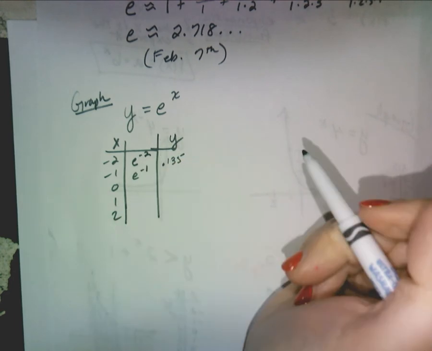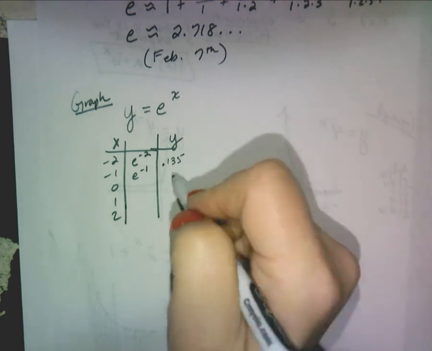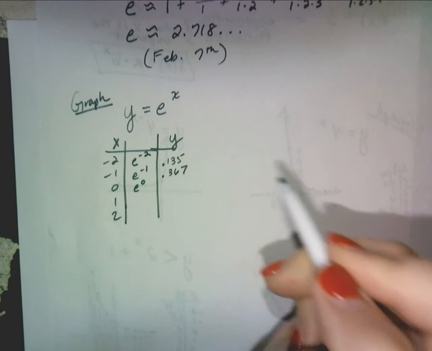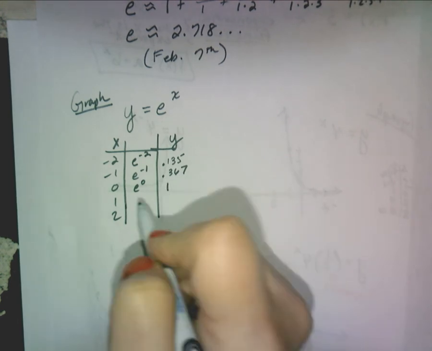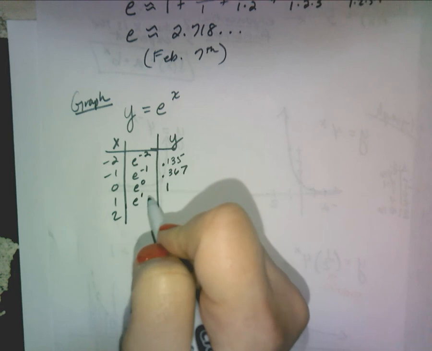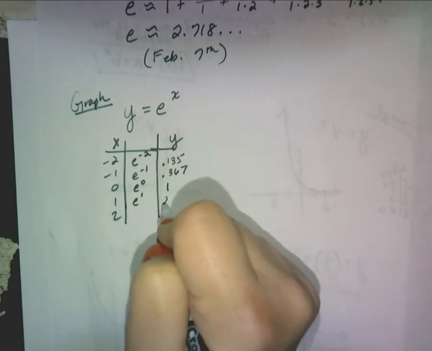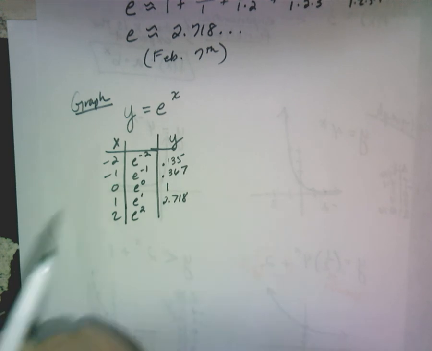E to the -1, same as 1 over e. Anybody want to tell me what that is? 0.36. Good. This one we should all know. What is anything to a power of 0? 1. This one is e to the 1. What is e? I just told you above. Look at your notes. 2.718.